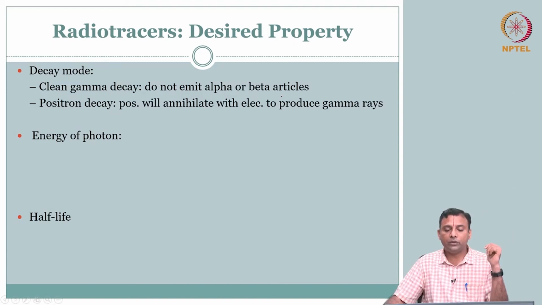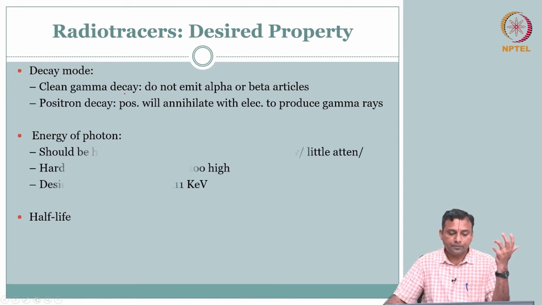So I want a radio tracer that can be engineered to have a clean decay, producing only gamma, no alpha or beta. Otherwise you will end up dosing the patient. Positron decay will annihilate and again produce gamma rays. So you want only these two.